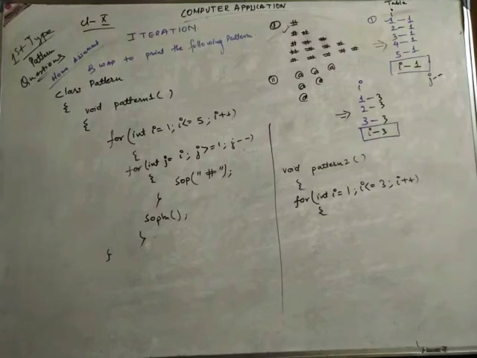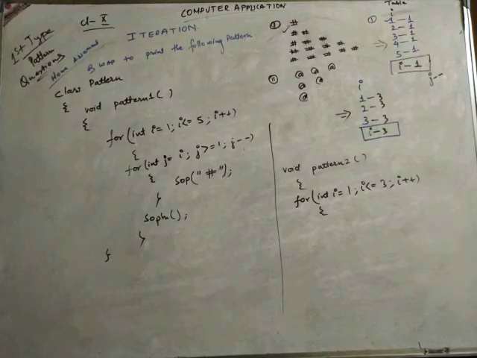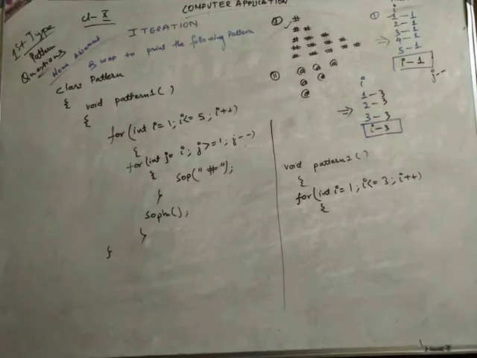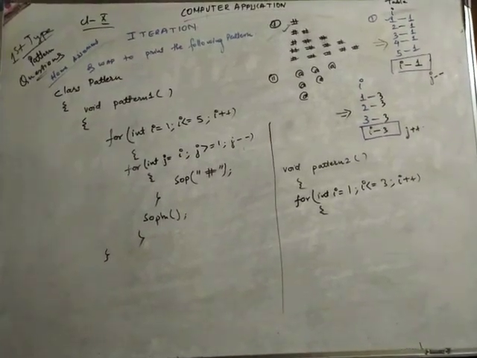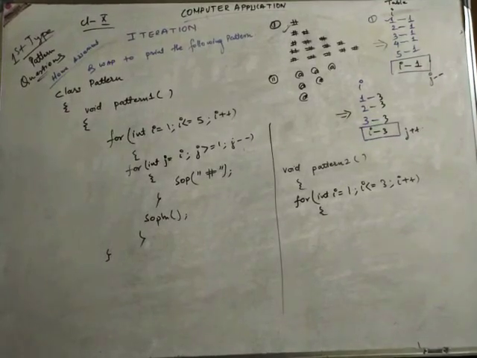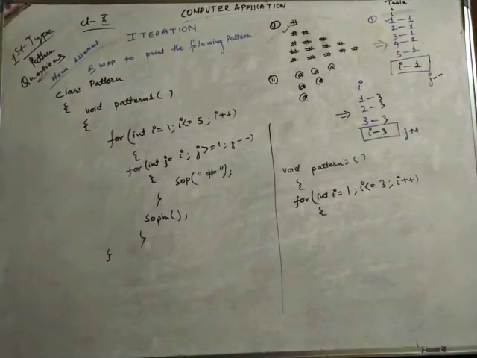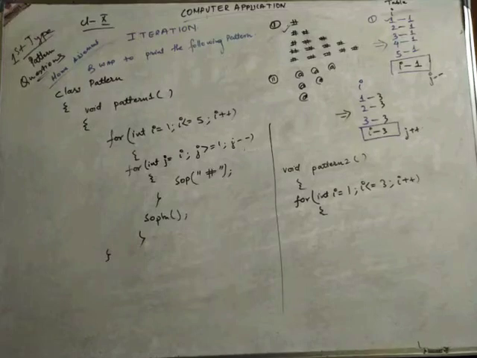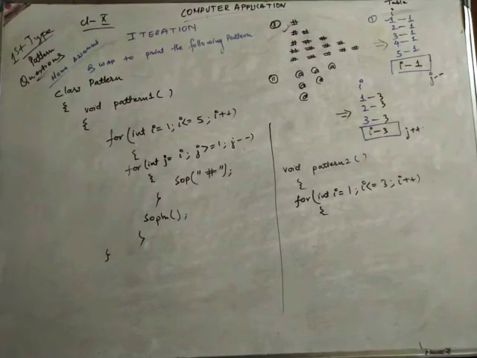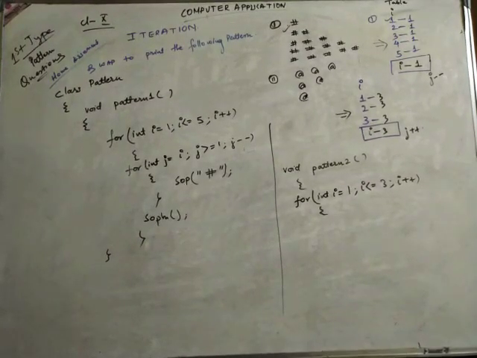So j will be j plus plus here. Clear all of you? Now seeing the box of the second table, I will make the j loop. The j loop will start from I to 3 and j plus plus.